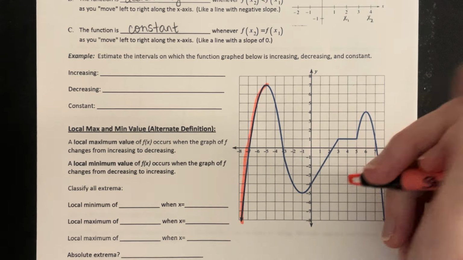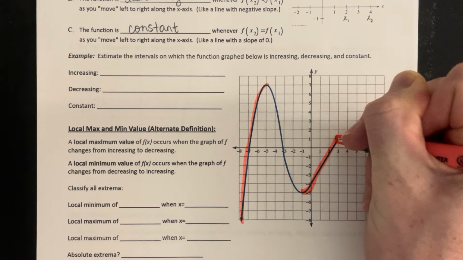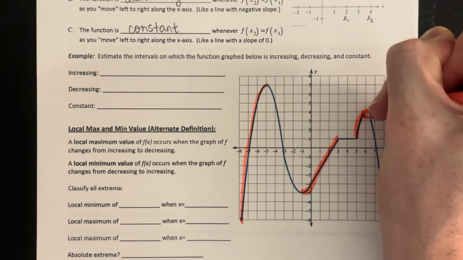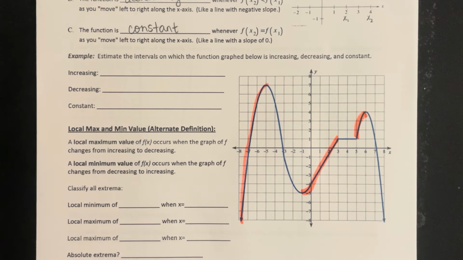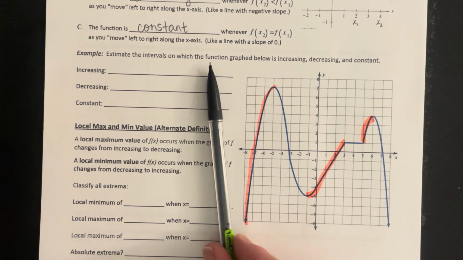It has another section of increase in the middle, but it stops again, and has actually a third section of increase. So all three of these increasing sections we would describe using interval notation. And we're describing the x values for which the function is increasing.